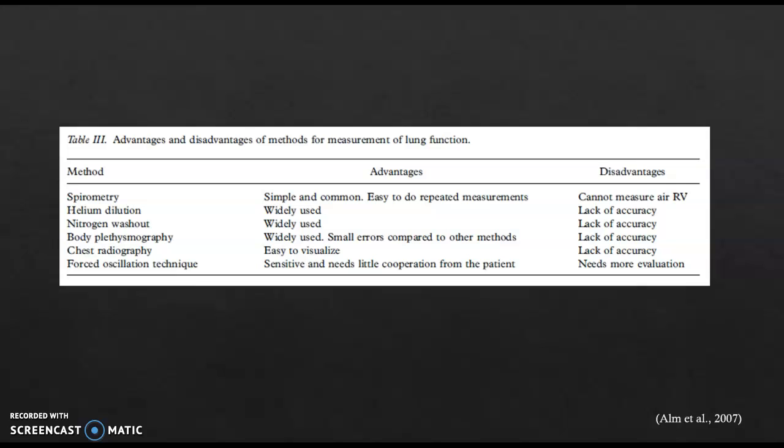Spirometry is very simple, it's common, it's easy to get multiple measures, but it cannot measure that residual volume, which is one of the challenges with it. However, that's one very specific disadvantage, whereas we have several in here where the disadvantage is just the lack of accuracy.